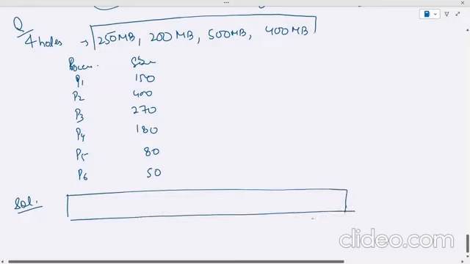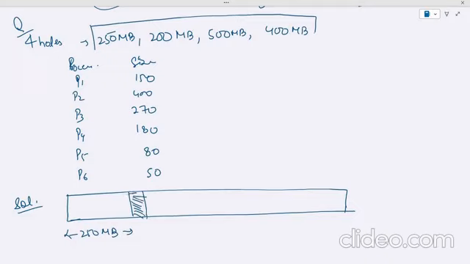Now it's dynamic partitioning. First of all, 4 holes. Let's say this much space is 250 MB. Then we have a block which is already filled by some other processes, except these 6, so we cannot use this space. After that, this block is of size 200 MB.